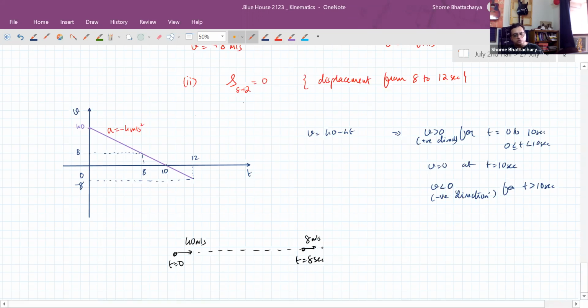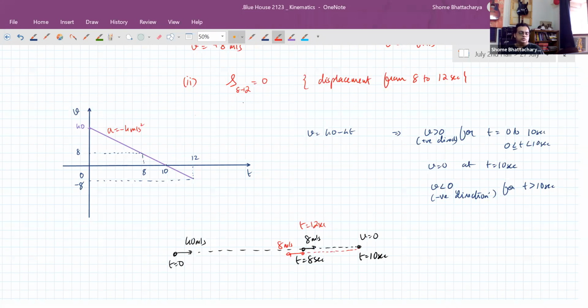Thereafter, it is going further like this, coming to rest at 10 seconds. Then it's on its way back. So as it comes back, it crosses this point again, but with a velocity of -8 meters per second at t equal to 12 seconds. That is the story of this part.